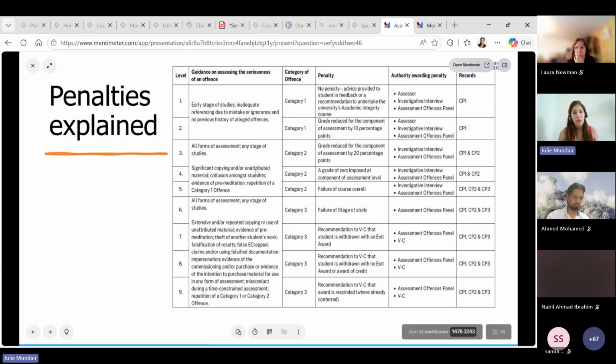The majority of the offences and the seriousness has been level 1, 2, 3 and 4. So if you're ever unsure, please do contact us as a team and we'll try and help you. I know Sharon Pereira, who's my head of department, has been part of these investigative interviews on the panel. It's very rare that a 0 grade has been imposed, but it can happen.